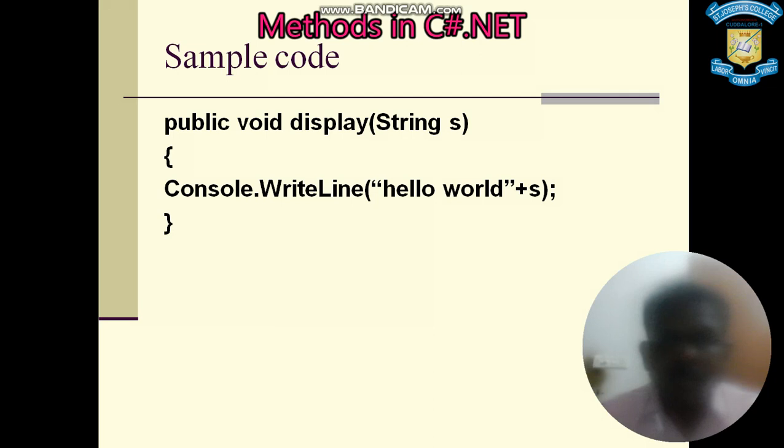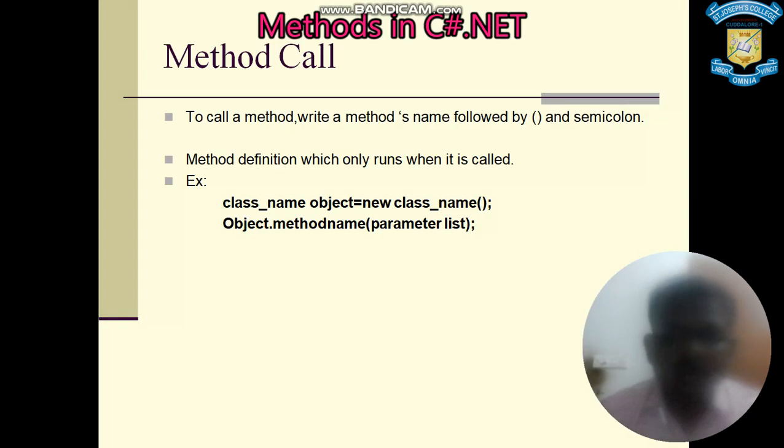So this is a sample code. Public access specifier, void display. The parameter list is one parameter that belongs to string data type. You can print it. Suppose you want to print any statement in a C# program, the class name is Console, WriteLine is a method, and Hello World is the statement.